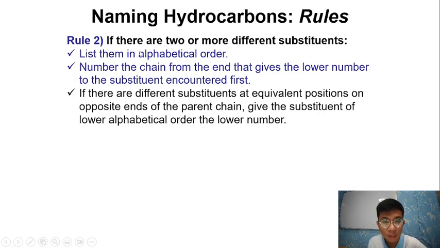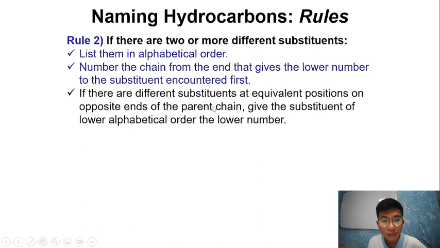Then, number to give the lower number to the substituent encountered first. So, ang idea dito ay aling end yung uunahin natin ng mas mabibigyan natin ng mas mababang number yung substituent na ma-encounter natin first.